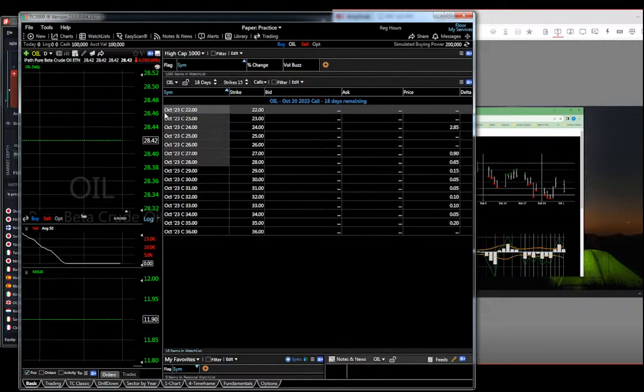Let's see, where's the symbol at? I think that's it right there. I think that's a bond. Let me find just the stock itself.